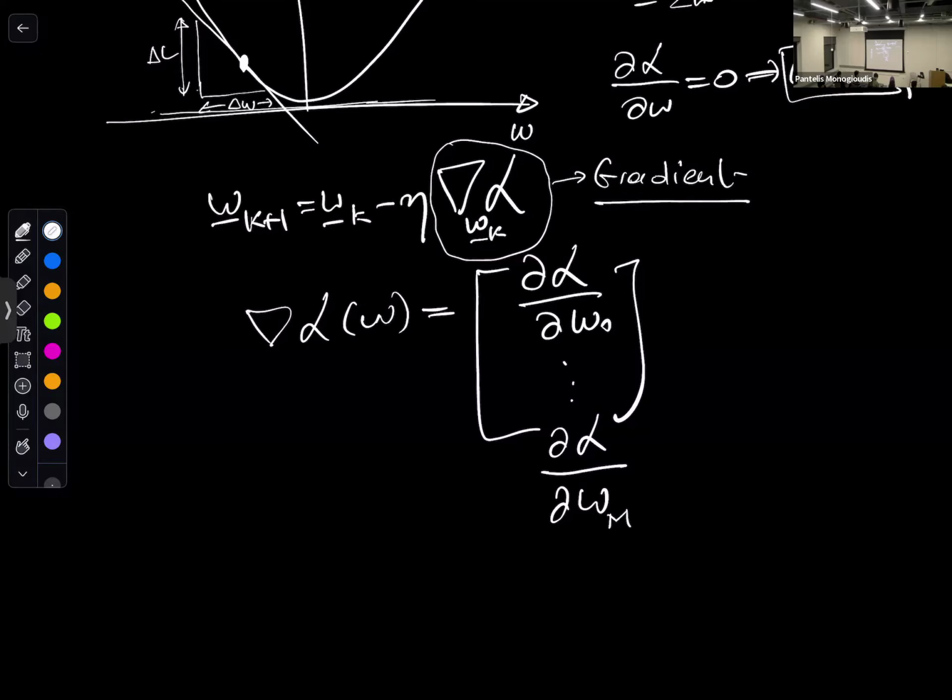And the fact that you're not jumping into the unknown is going to be captured by this guy, which is called the learning rate, and it's typically a very small number.